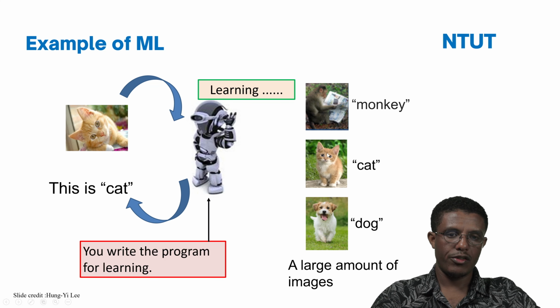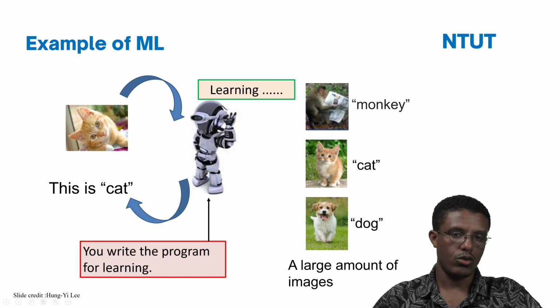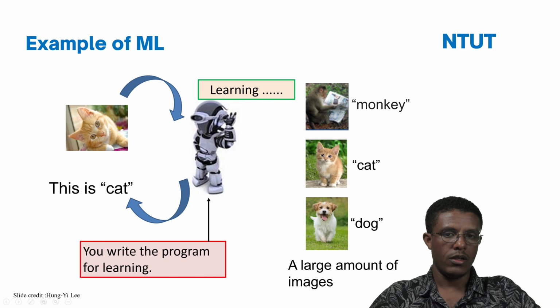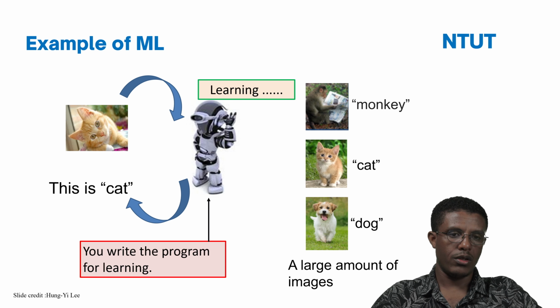From its experience, it recognizes that this image is more similar to the cat images, so the machine can identify that this one is a cat. This is the procedure of how machine learning works, the framework.